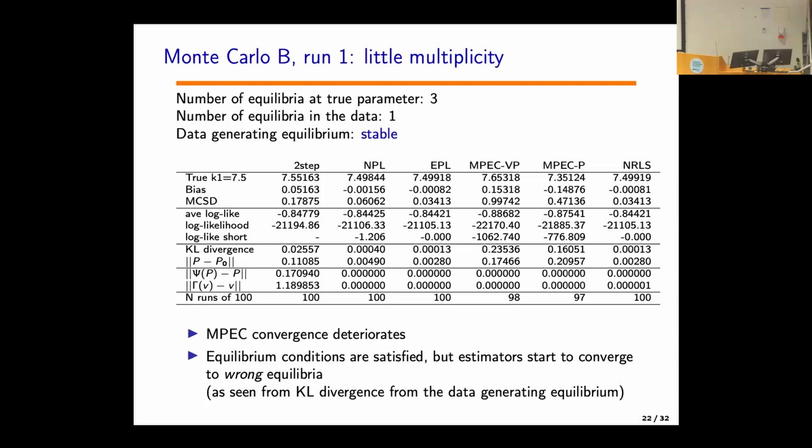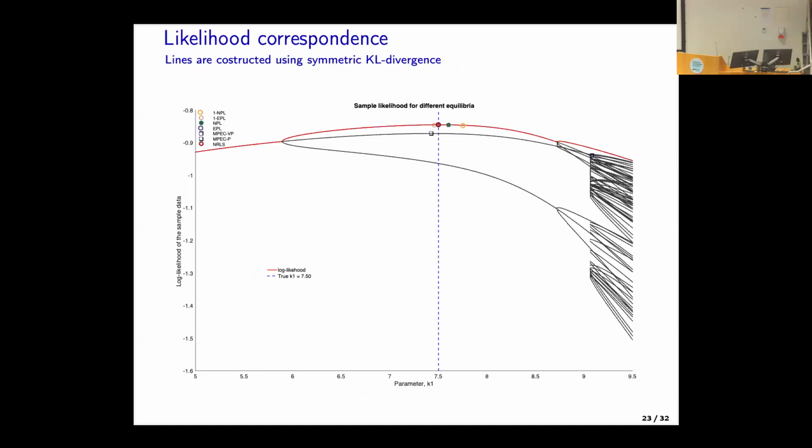The problem is, it's not the equilibrium that generated the data that we found. It's some other equilibrium, and it's another set of structural parameters that gave a much lower likelihood. So it's a problem with finding the maximum of the likelihood function. Okay. Do we have a picture of that? Yes.